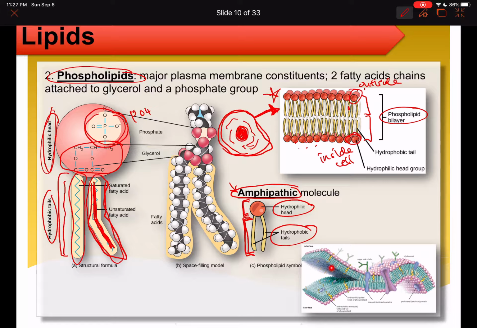There are numerous molecules that are sticking into the plasma membrane or sticking out of it, going through it or going partially through it. You see this big thing going through the plasma membrane. We'll learn about all those things that make up the plasma membrane other than your phospholipids when we get to chapter 5 on the plasma membrane.